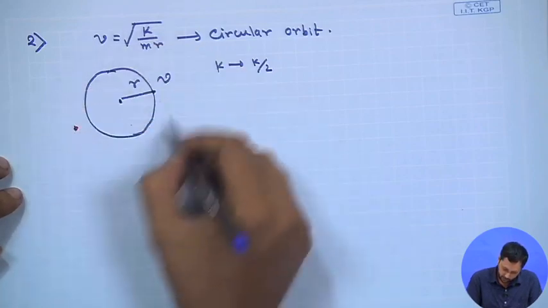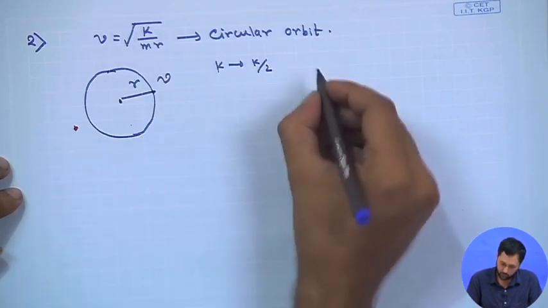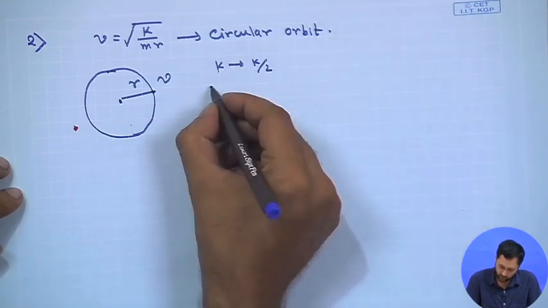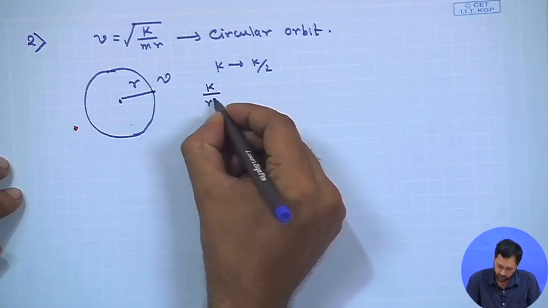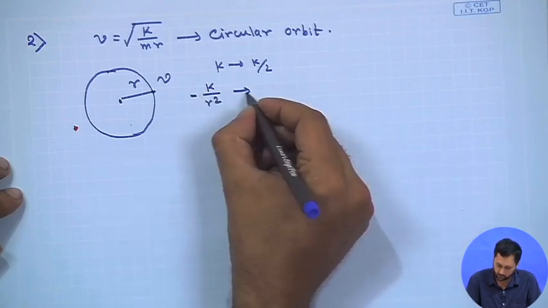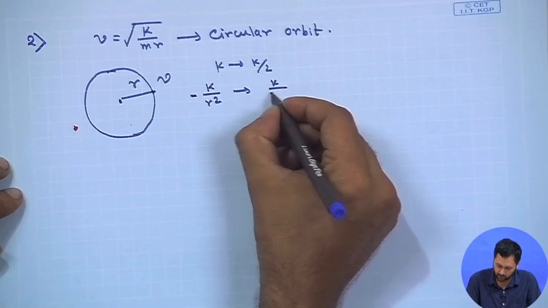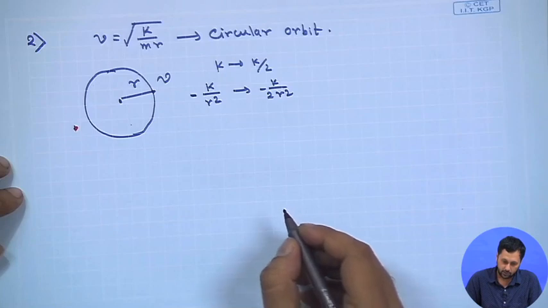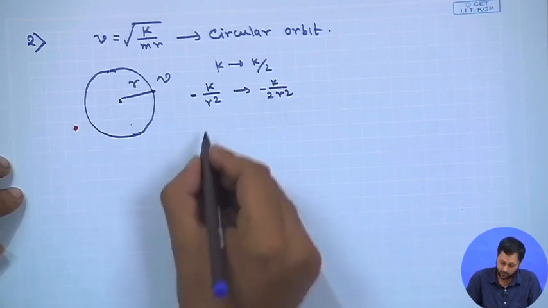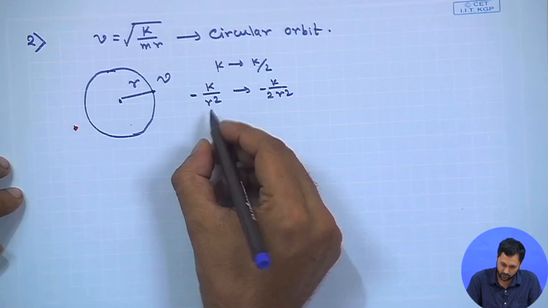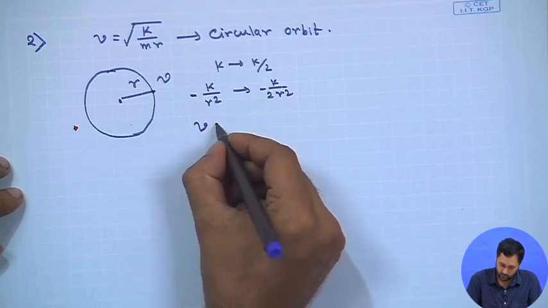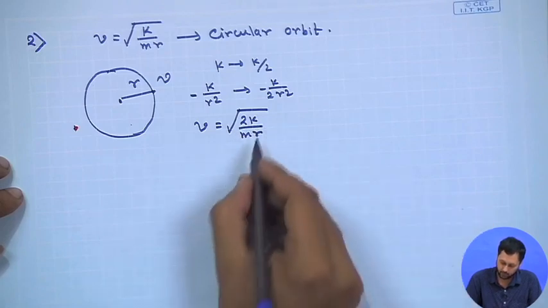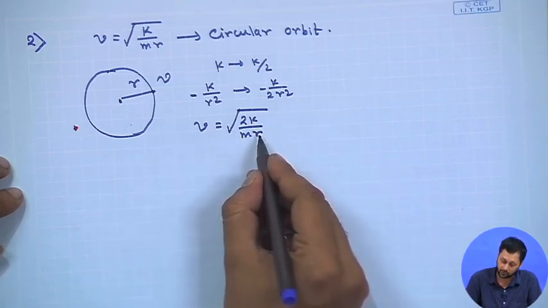at this particular situation, when k goes to k by 2, the force was minus k by r square, now the force is k by 2 r square, right. Now, if we look at the escape velocity expression for these two cases, initially the escape velocity v e is given by root 2 k by m r for a distance r from the force center.